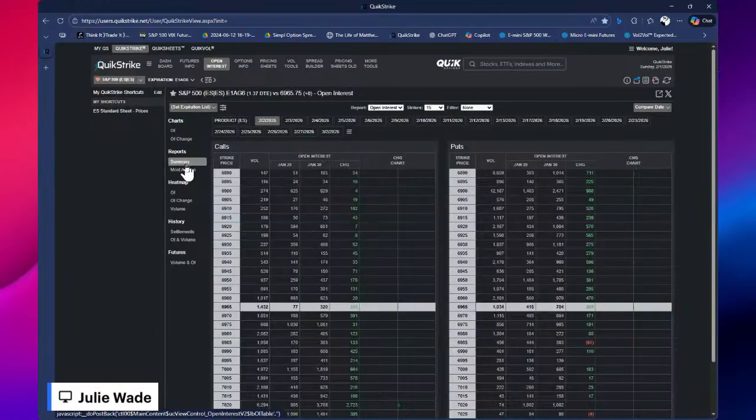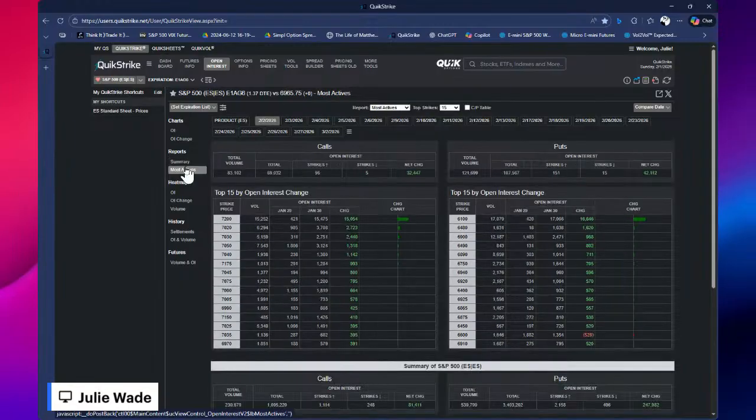You can run reports for your open interest to see what is most active, as well as 6,100. It's got the put open interest, and 7,200 has the call. Those are out of money positions.